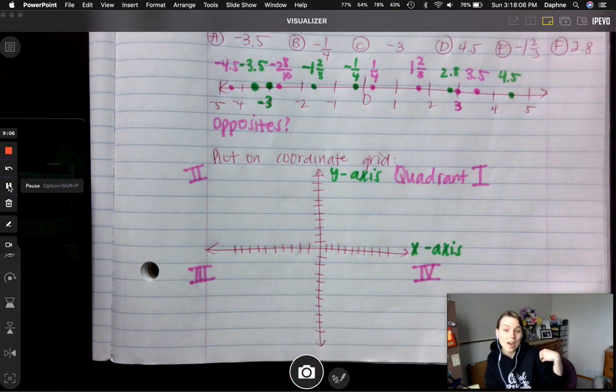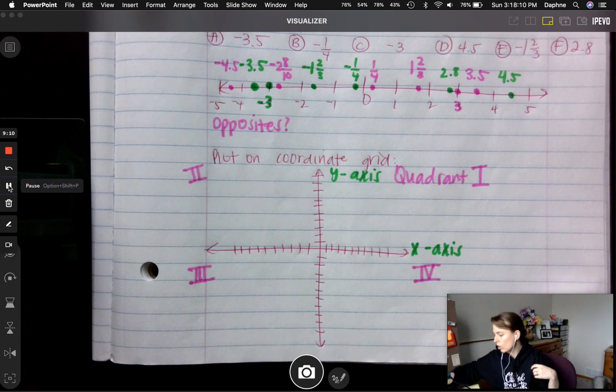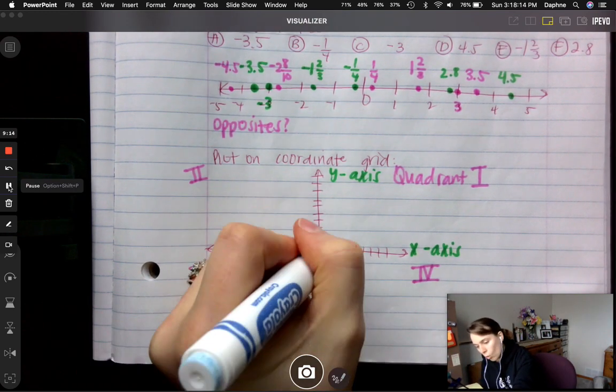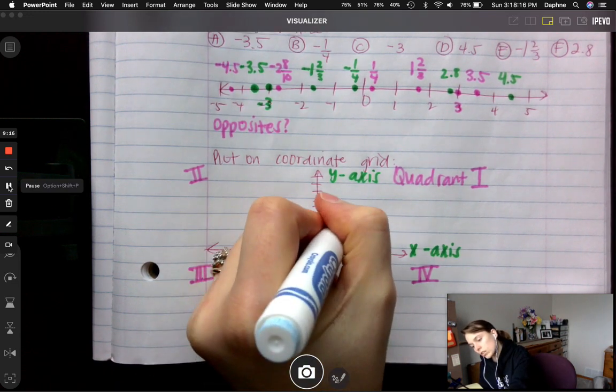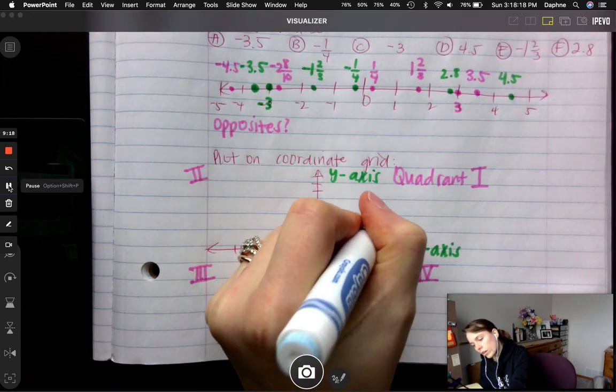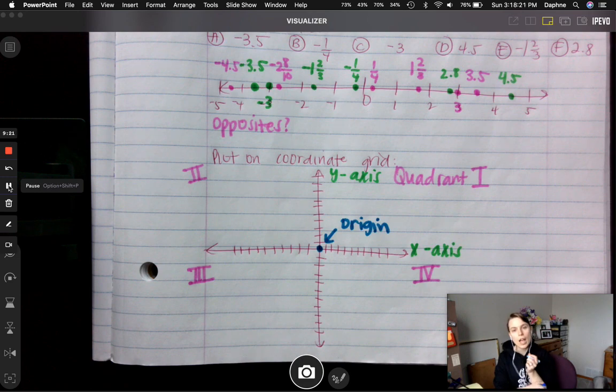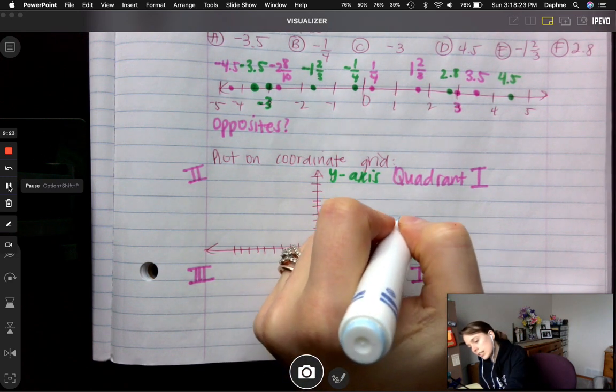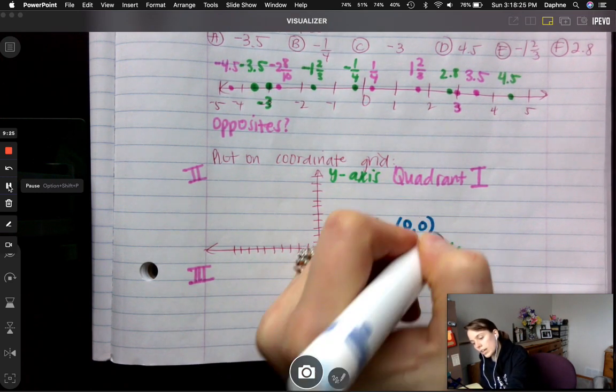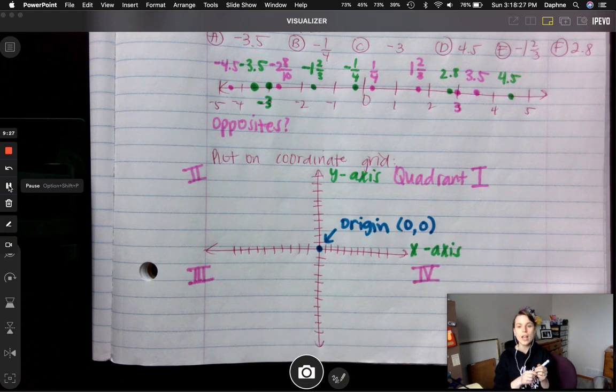So, random information. I have 4 quadrants, and then we have a special coordinate in the middle. This middle coordinate is called the origin. It's where we start from, and we start there because the x is 0 and the y is 0. Notice that that is describing the location.